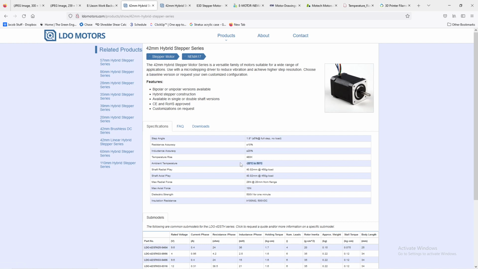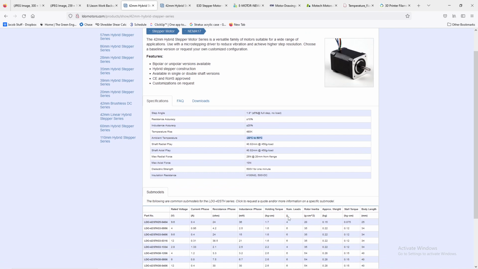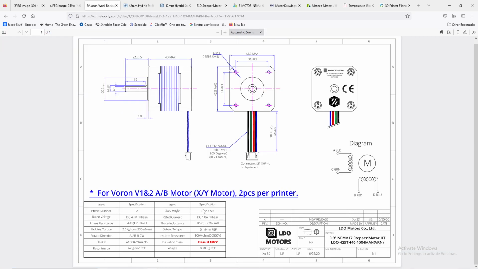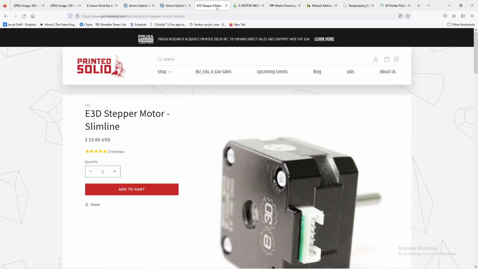And you can see here that they specify an ambient temperature of -20 to 50, and I think that's like a standard ambient temperature rating with, like I said, some of those things satisfied and possibly some of those things not satisfied. It depends on how they come up with the rating. But the actual rating is the rating that you can see here on the drawing, which is it can reach 180 Celsius without having issues with the insulation, right?